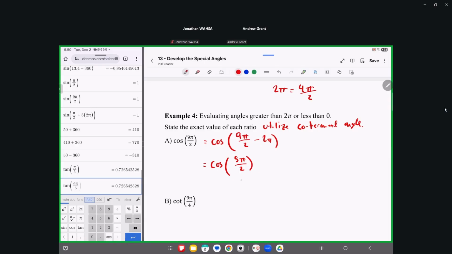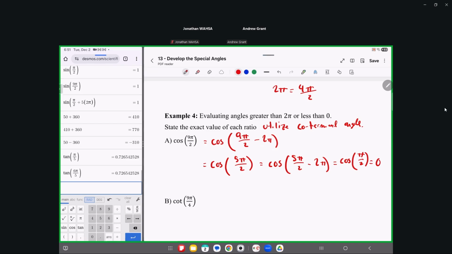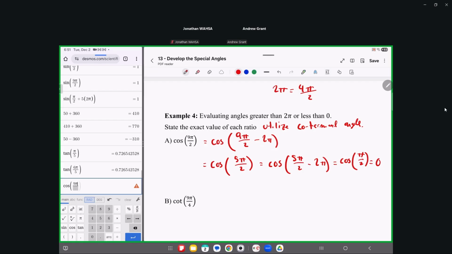That's still outside of 0 to 2 pi, so 5 pi over 2 minus 2 pi will be equal to cos of pi over 2, which is going to be 0. Alternatively, you could just use a calculator for this, but I do encourage you to use the logic to show why these answers are the way they are, just so that way you gain a better understanding.